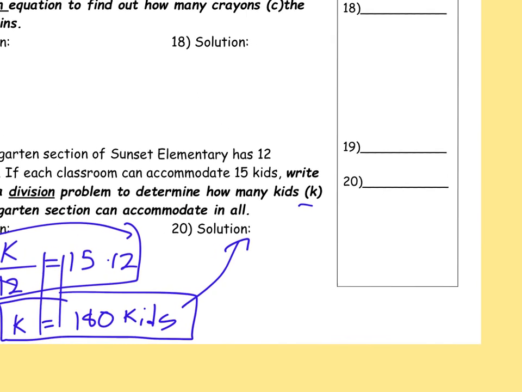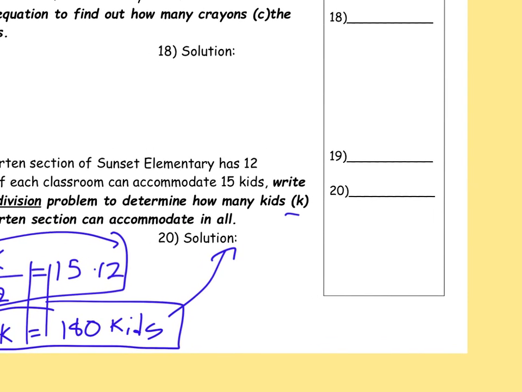And you can actually write those right here. We want to go K, oh whoops, let me get that a little bit smaller. So K over 12 equals 15. And then we got K equals 180 kids.